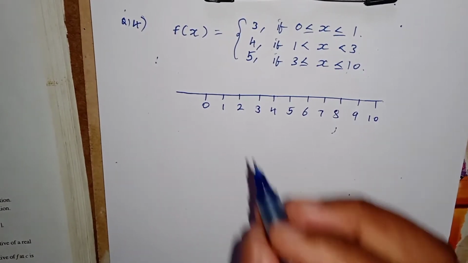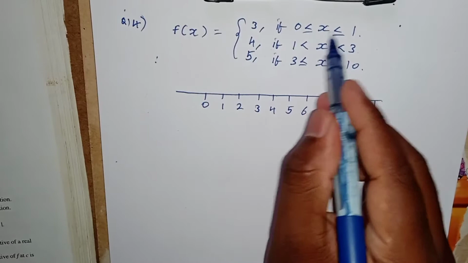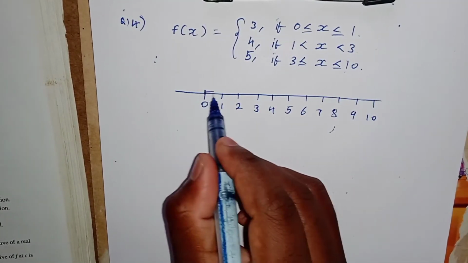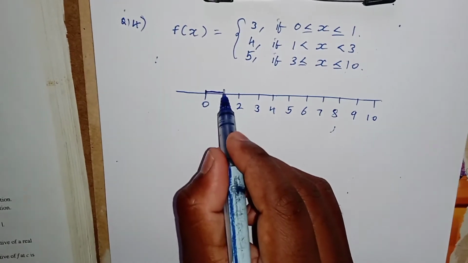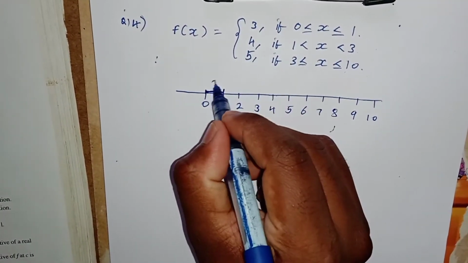Here 0 less than or equal to x less than or equal to 1. Therefore, from 0 to 1, here my function is nothing but 3.